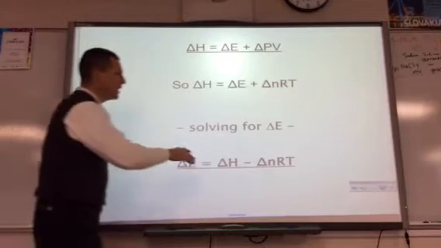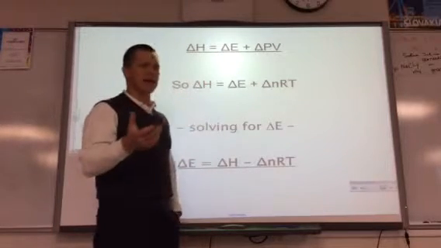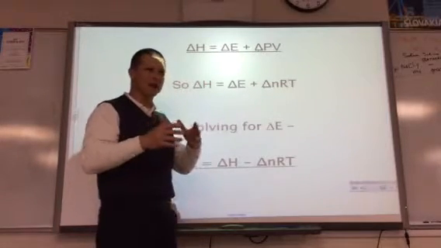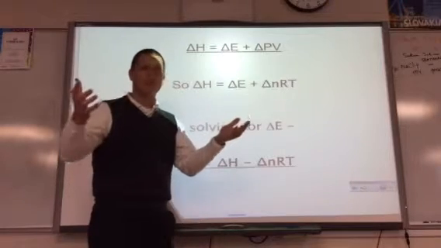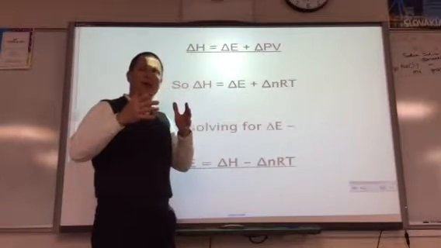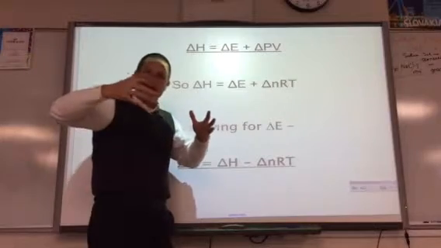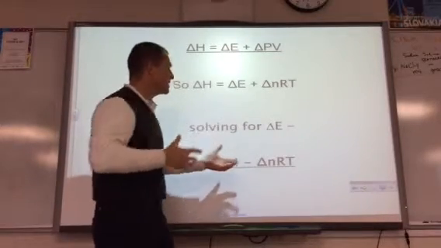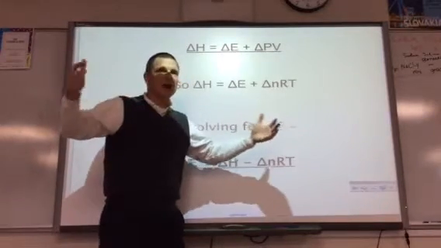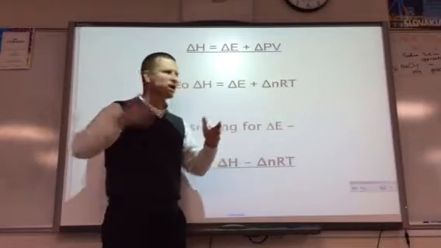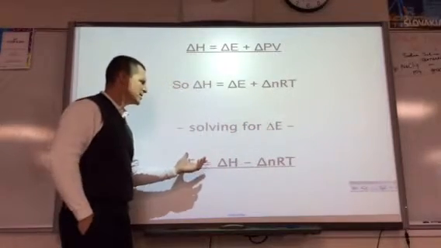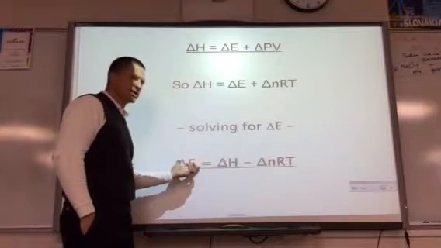And what we use this for: if you have some reaction that generates a gas, maybe you start with a solid and you heat it up, and you produce a couple moles of gas. Well, when you produce a couple moles of gas, the system is going to expand. And as it expands, it will be doing work on the surroundings. We talked about that yesterday. Well, what does that do to your delta E?